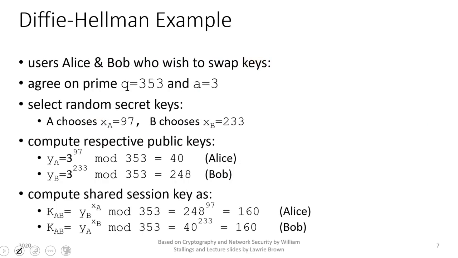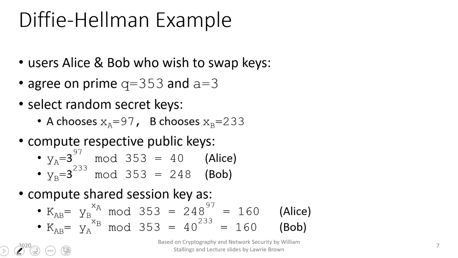So if we look at this with a simpler example here, what you can see is Alice and Bob need to exchange keys. So they would agree upon, normally when we say they would agree upon, a particular protocol or mechanism would identify a predefined value as this prime.